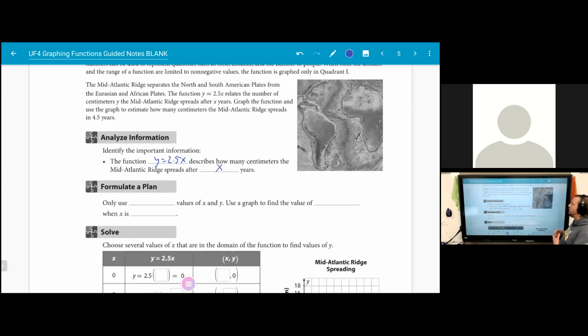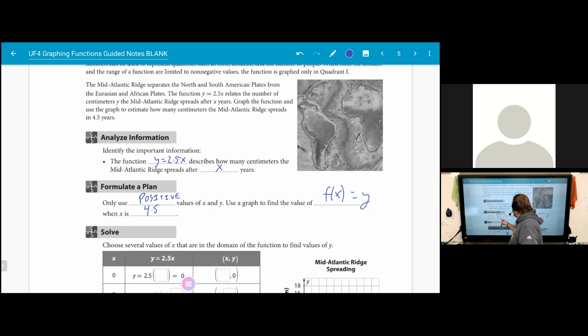We're going to figure it out in 4.5 years, and that's okay though. We're only going to use positive values of x and y when we graph this. We're going to use the graph to find the value of f of x, or y, when x is 4.5.